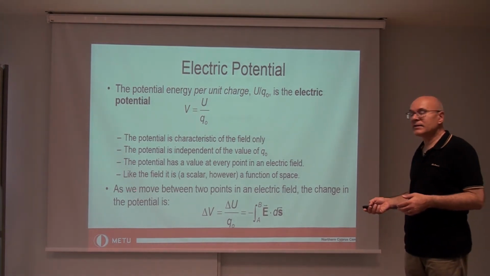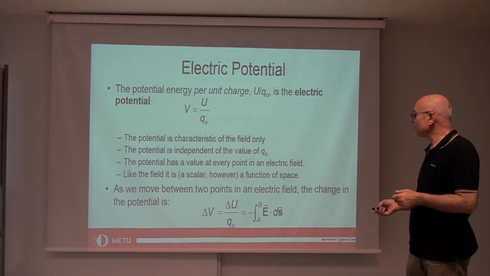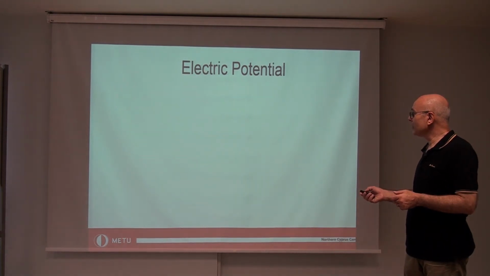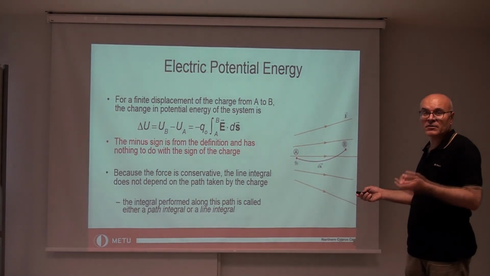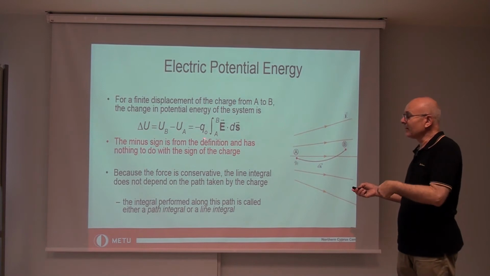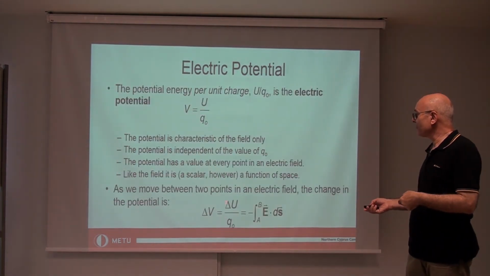Now if you want to find the potential difference between 2 points in the field, then you just find delta U divided by Q naught. Now what was delta U? Delta U was this integral. So when you divide this delta U by Q naught, because the potential difference is the potential energy per unit charge, you end up with this integral.